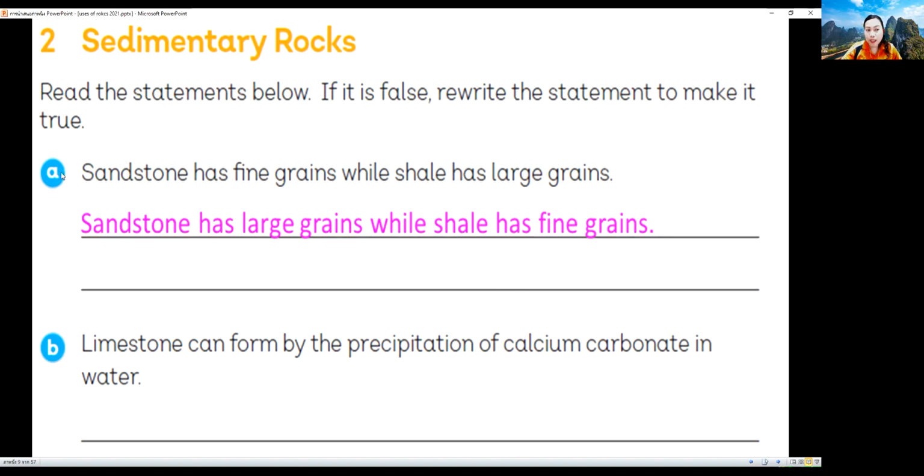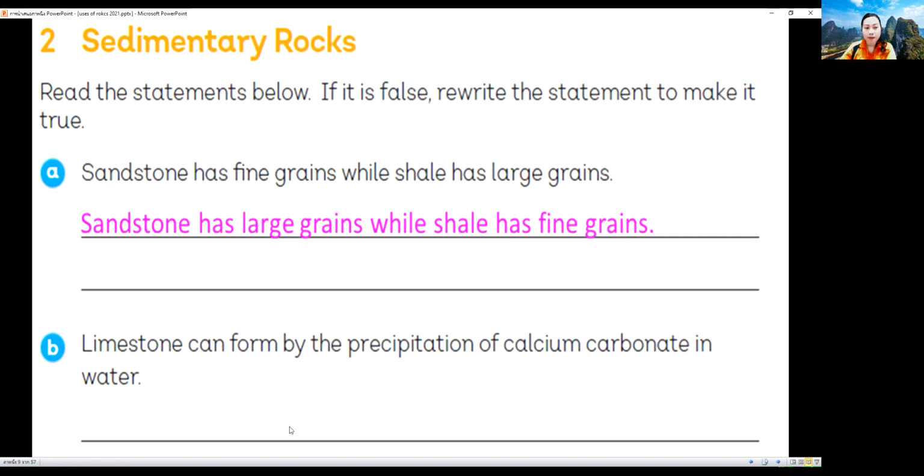So letter A is false or wrong, because sandstone has large grains and the shale has fine grains. So they interchange this one. Sandstone has the large and shale has the fine grains. Okay? This is the correct answer now. So letter A is wrong because of these words, fine and large.